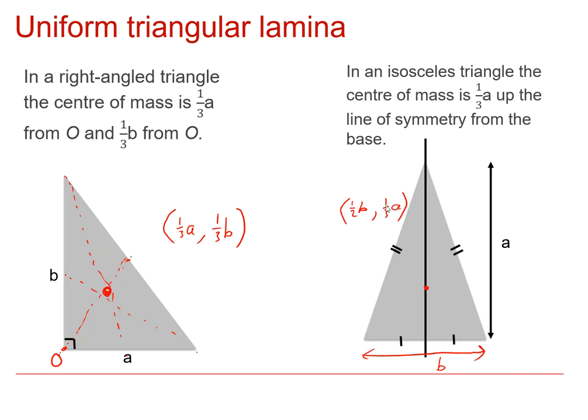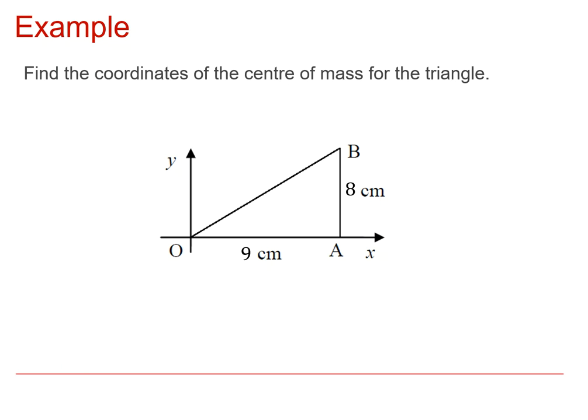Here's an example, very similar to what we've been talking about, except we've got actual numbers here. And notice the orientation of this triangle. Be careful with this. So the right angle is here, and so the position of the centre of mass is going to be a third of the way from here along. Which means it's going to be 2/3 of the way from there.